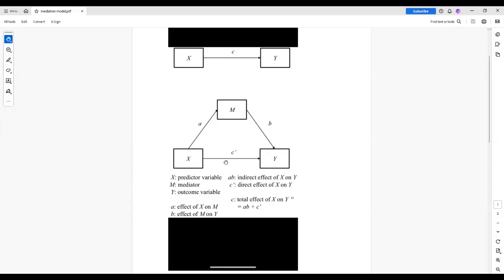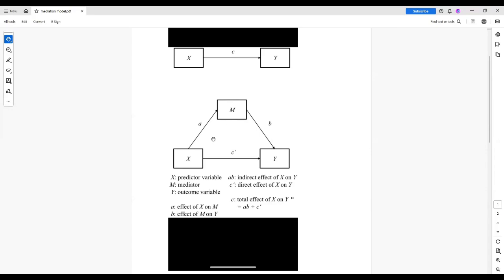That means that all the effects of your IV on your DV are because of the mediator. And that is why when we introduce the mediator in the model, we see that the mediation effect is significant, and then the C prime, the direct effect of IV on DV, is no longer significant. Why?